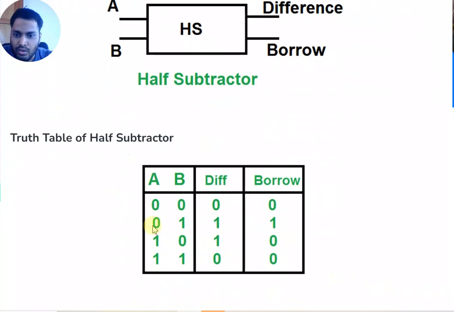See here, A and B were equal, so borrow was not required and it was 0. In this, A was greater than B, so borrow was not required, so it was 0 again. Here A and B were equal, again borrow was 0. Here A was small and B was large, A was 0 and B was 1, so that's why borrow was required. So borrow is 1 only in this case.